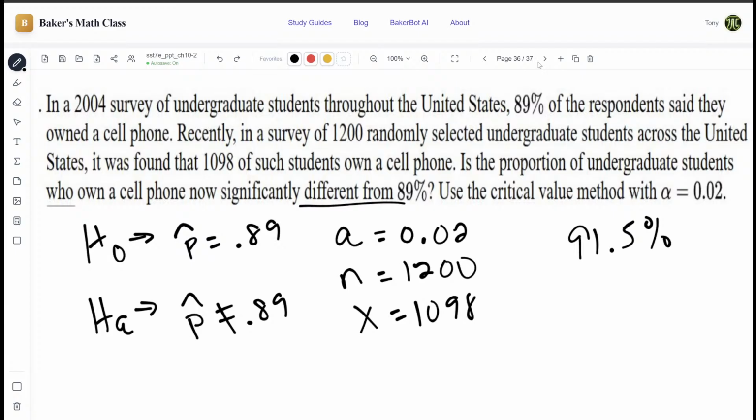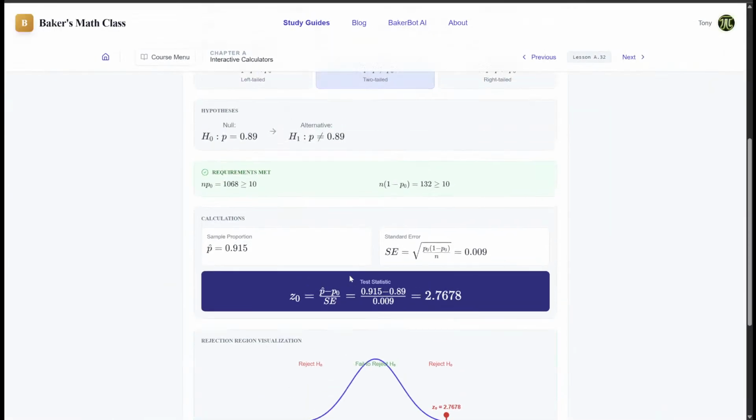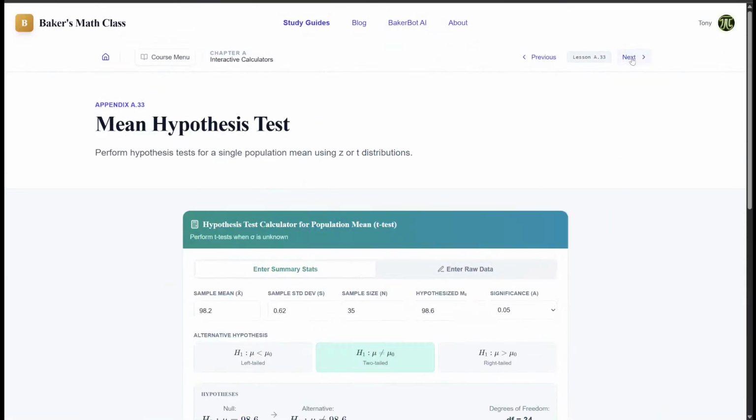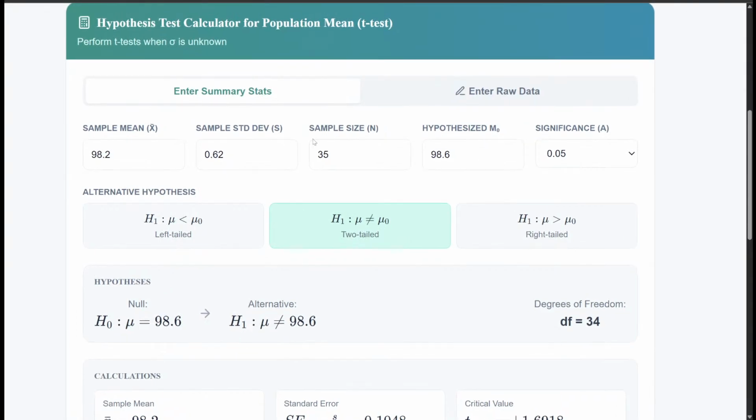All right. Tuesday's class will be almost exactly the same, except we're going to do it with mean. The only difference is it's mean instead of proportion.